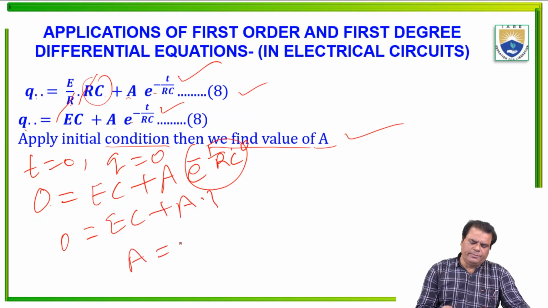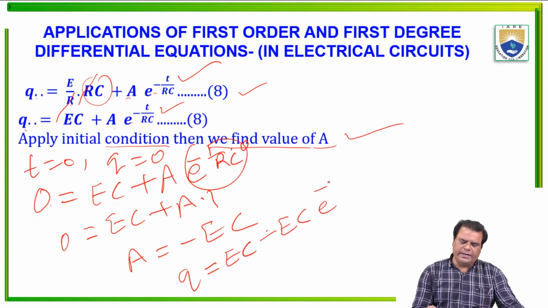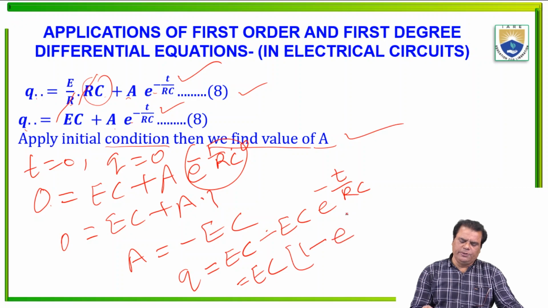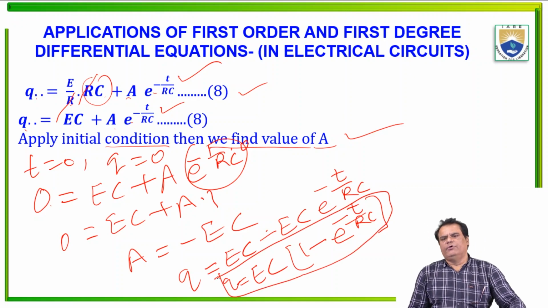So A equals minus EC. Now putting this value of A in equation 8, q equals EC plus minus EC e to the power minus t upon RC. So EC is common: q equals EC times 1 minus e to the power minus t upon RC. This is the formula for finding the value of q.